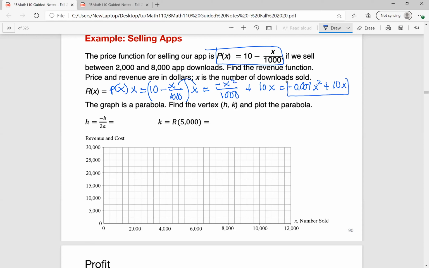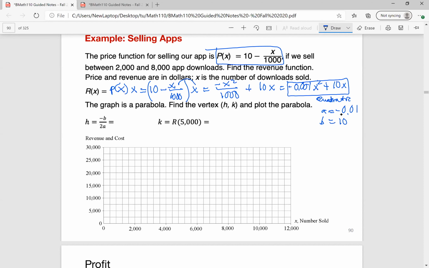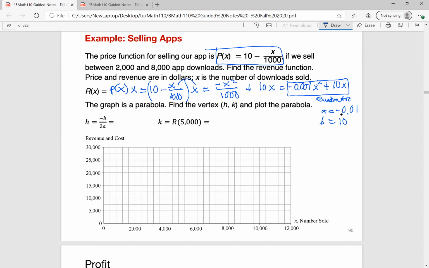And that's going to be the quadratic form, right? Then easily you're going to have a equal to negative 0.001, b equal to 10, and c equals 0 in this case.